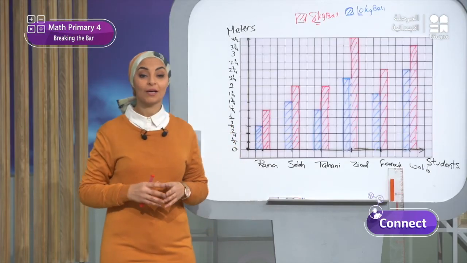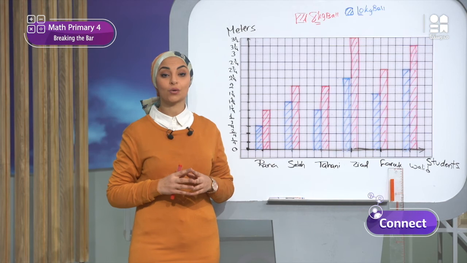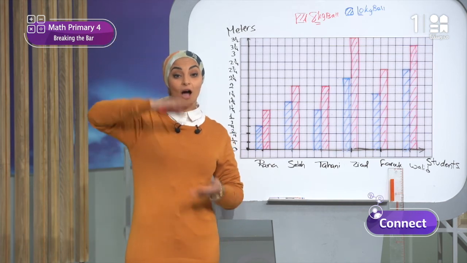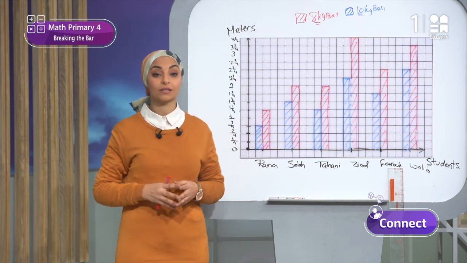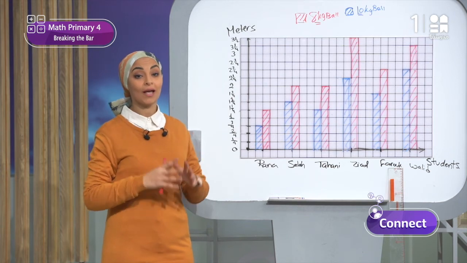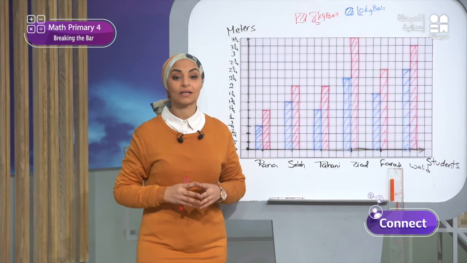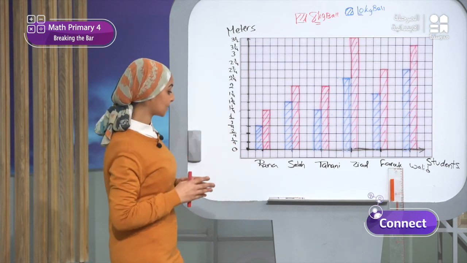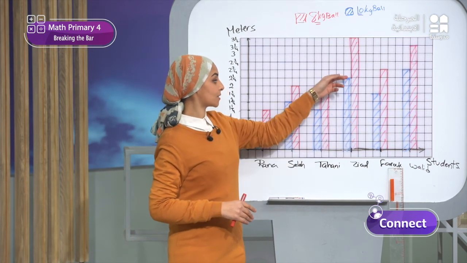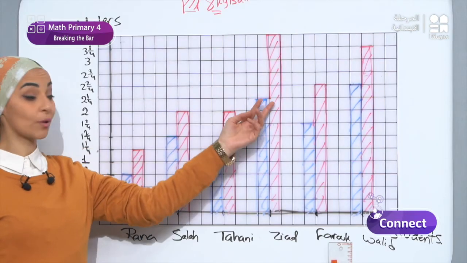Question number 3, we need to know the student who had the biggest difference between the 10 kilogram ball roll and their 8 kilogram ball roll. If we look at the graph, you will find that for Ziyad there is a huge difference between the two bars.